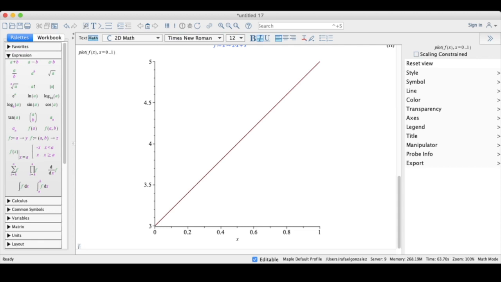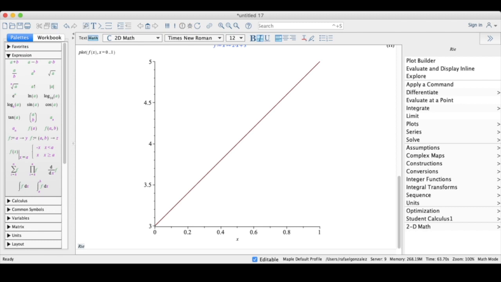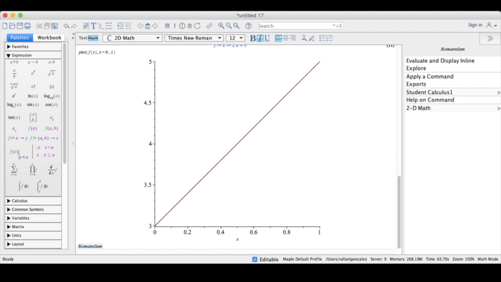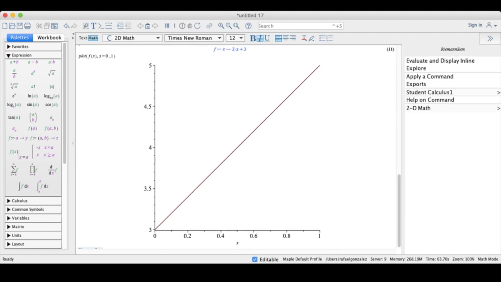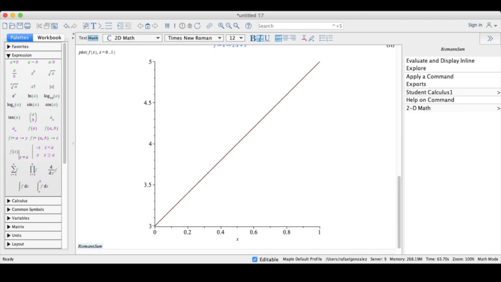So how are we going to do this? Well, we're going to use the Riemann sum command. So I'm going to use capital R, R-I-E-M-A-N-N, and then capital S, sum. Make sure that you spell this correctly, because if you misspell it, then the command will not work. You should put some respect on Riemann's name. All right, so what do we have?